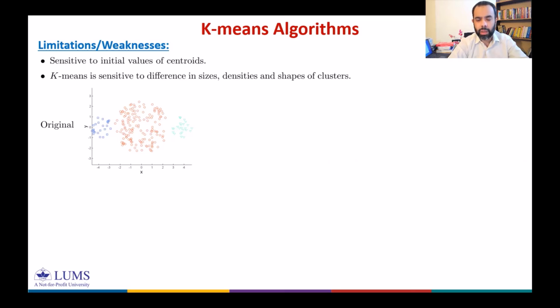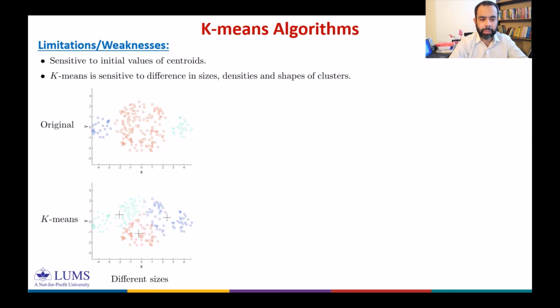K-means won't have information about the true labels. When we run k-means on this, we get these three different clusters. So we have too much impurity, if we use a purity metric, or we can say we have a suboptimal clustering. And this suboptimal clustering is due to the difference in sizes of the clusters.